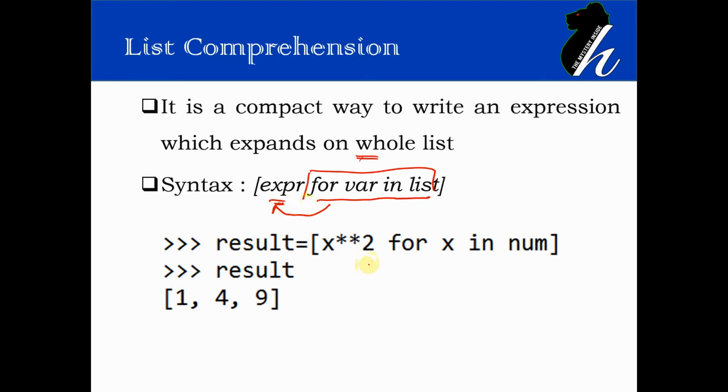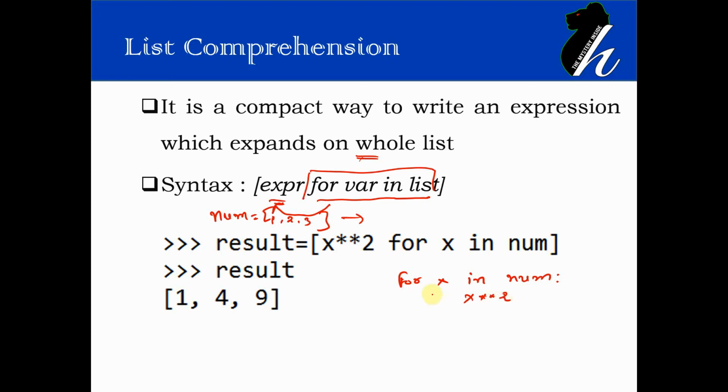For example, let's say I have got some list, number equals to 1, 2 and 3. If I wanted to perform a square operation on each element, then the first way is I need to write a for loop. So the first way is for x in number, then x power 2.